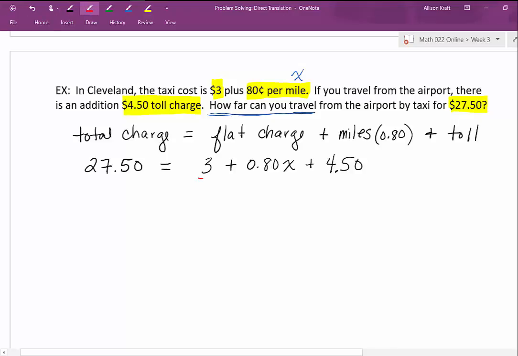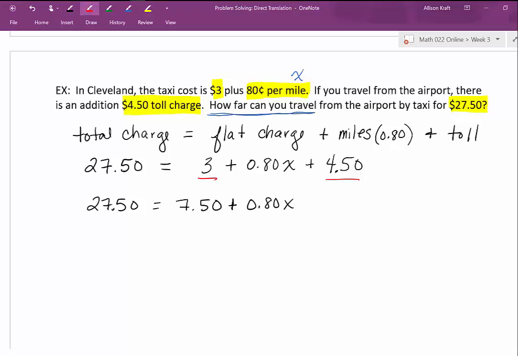Notice that we have like terms on the right side to combine. $27.50 is equal to $7.50 plus 0.80x. All of my variable terms are already collected on the right side, therefore my constant terms must move to the left.